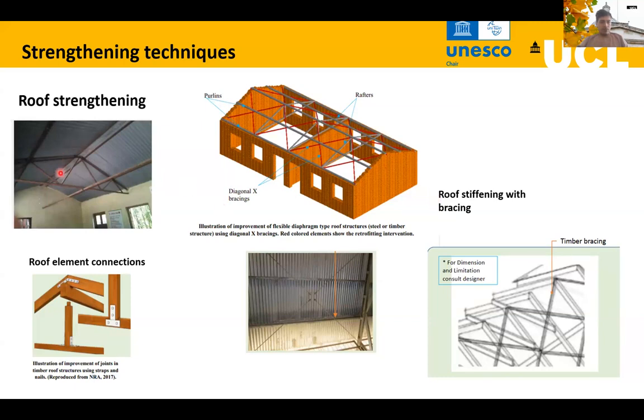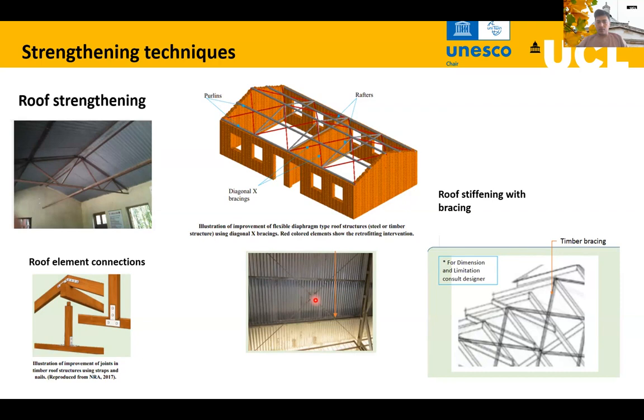So, for example, in this first photo here, the roof structure is without bracing, so we can install bracing to stiffen the roof structure, so we have more rigidity in its plane, and we can also improve the connection between the roof elements, for example, using metal nails or straps.